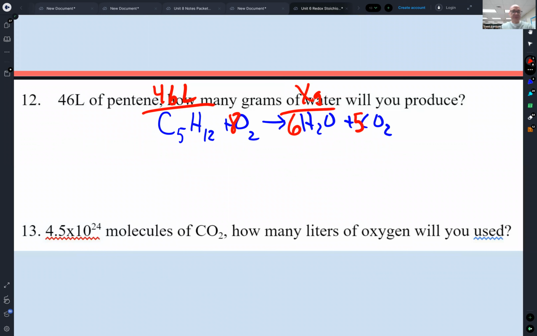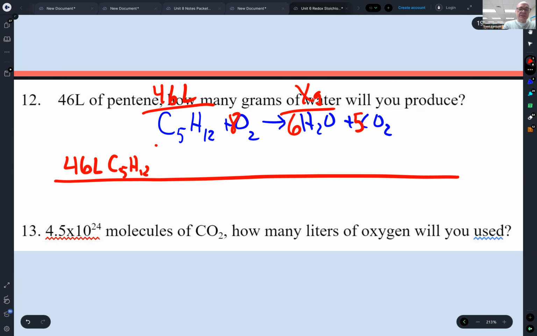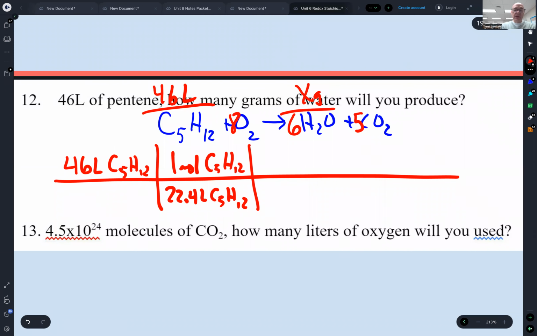So here we go. I'm starting with 46 liters of C5H12. I'm going to do my railroad tracks. And I know that for every 22.4 liters of C5H12, there is 1 mole of C5H12. That's coming off the mole map. Now my ratio, 1 mole of C5H12 is equal to 6 moles of H2O. That comes from the balanced chemical reaction.